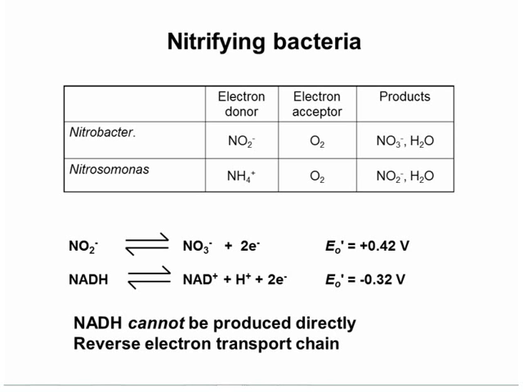Okay, nitrifying bacteria. Here they're going to use reduced forms of nitrogen, ammonia or nitrite, and oxidize them into nitrite or nitrate with molecular oxygen. So you should know these bacteria, okay? So Nitrosomonas and Nitrobacter.